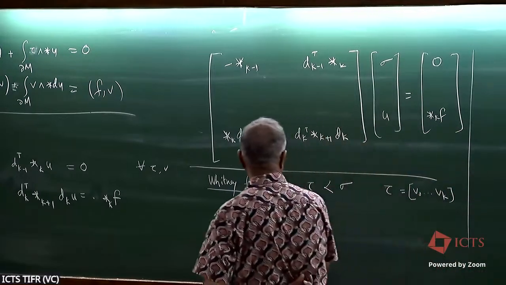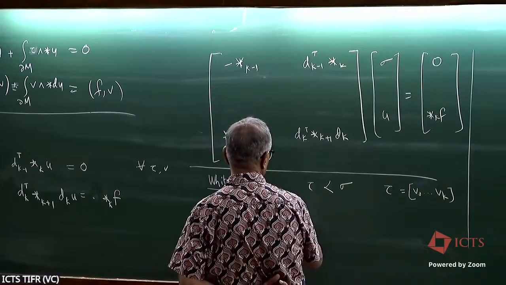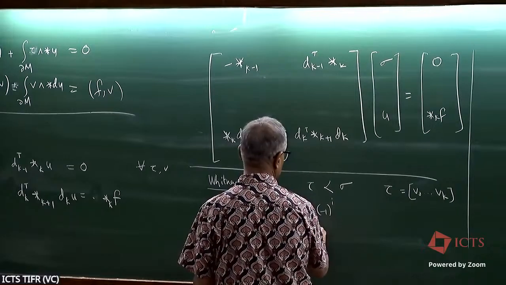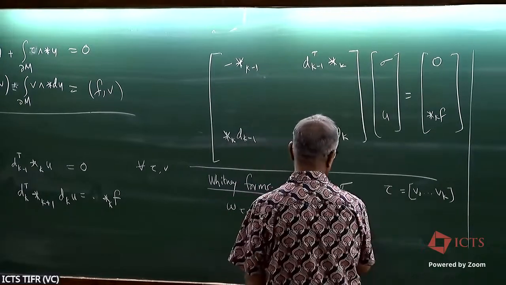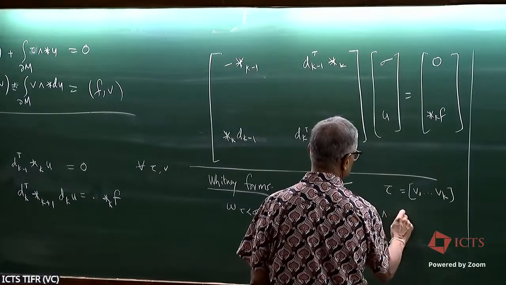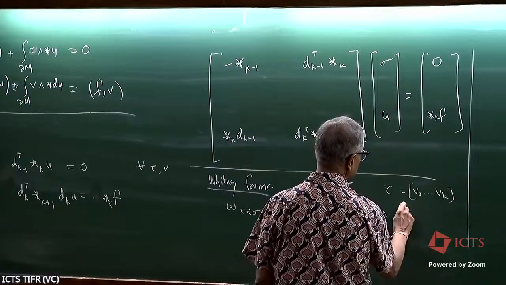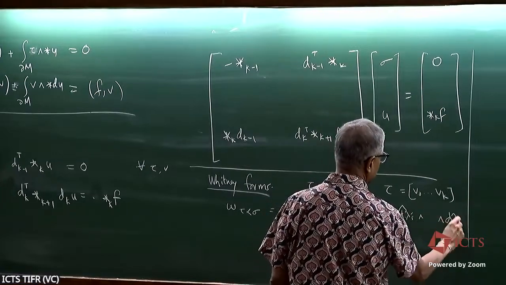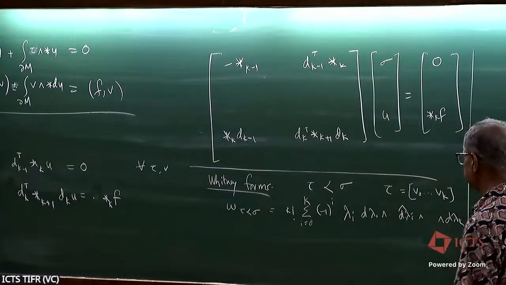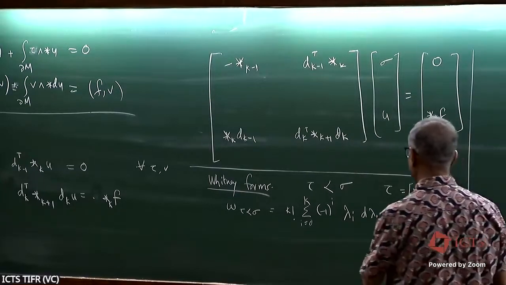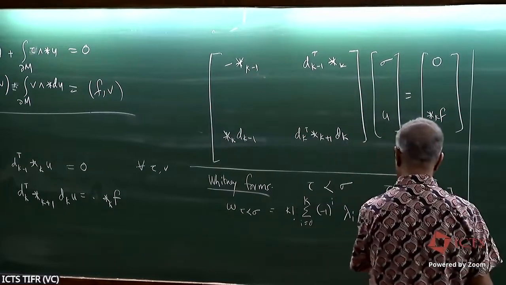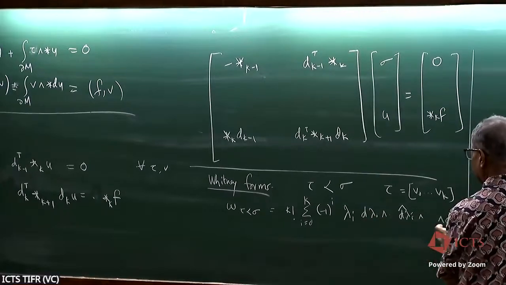Then you would do K factorial, summation of minus 1 to the I, I going from 0 to K, lambda I, d lambda 0 wedge, d lambda I missing, up to d lambda K. So this hat just means this term is missing. It will be a K form because it will be a wedge of K 1-forms multiplied by this.